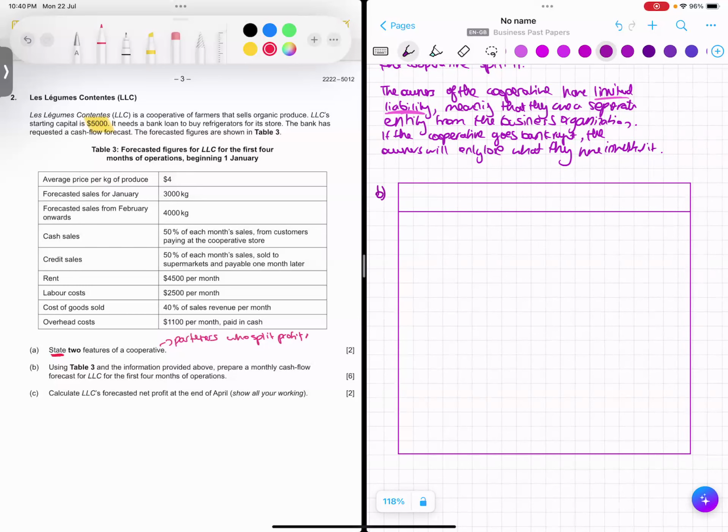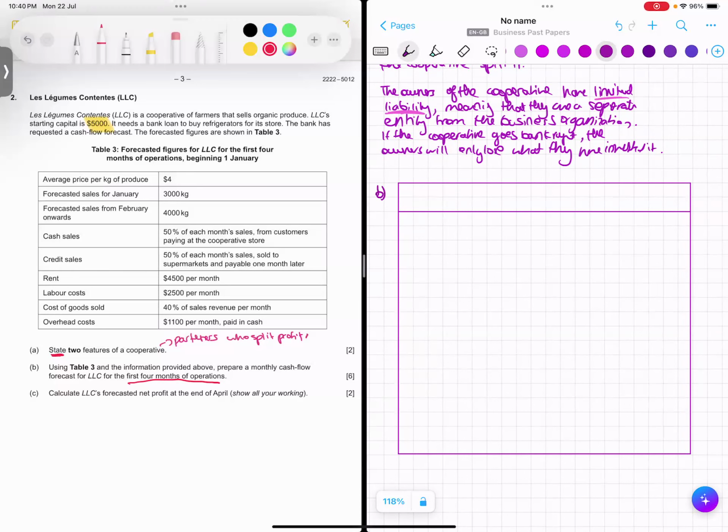For me, it was one of my favorites, and I always ace these. Now we have 4 months, right? They want the first 4 months of LLC, so we're going to split it into 4 months. I know this will take long, but I'm going to count the squares. 1, 2, 3, up to 20. So we'll give each one 5.